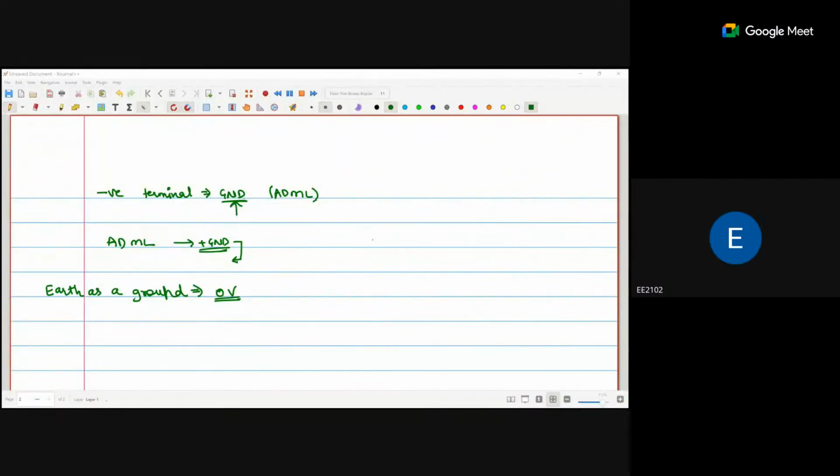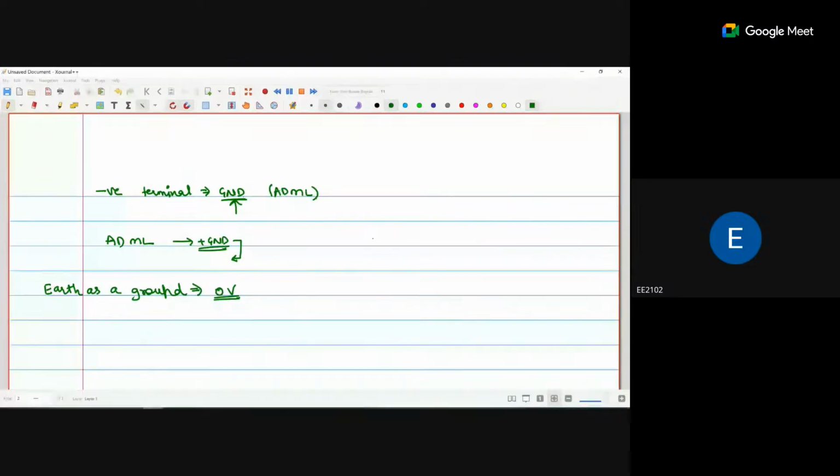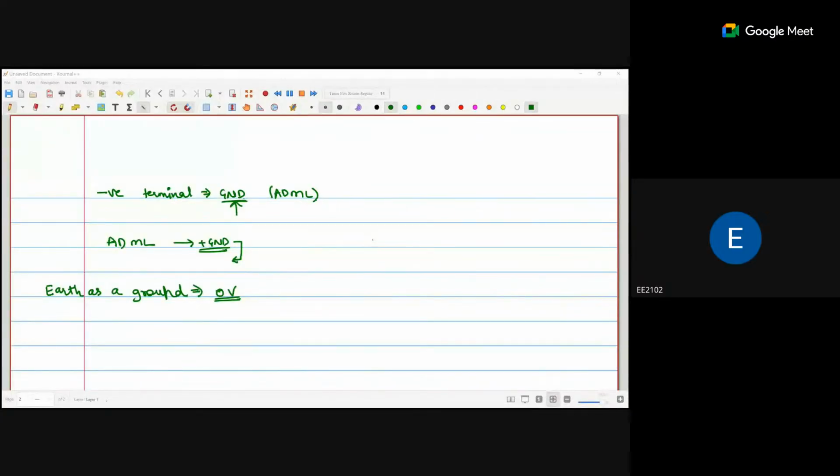Now, the variance in the output voltage. What is the formula for the variance in the output voltage?